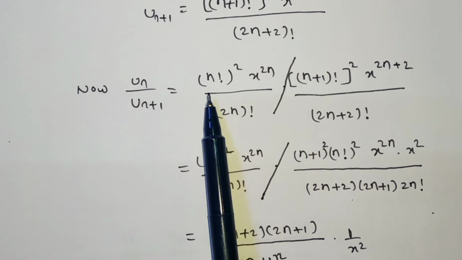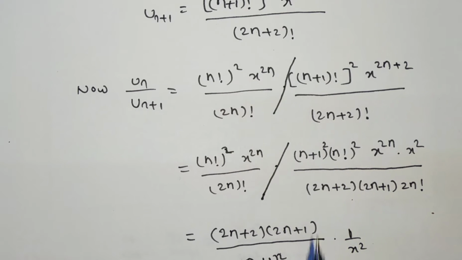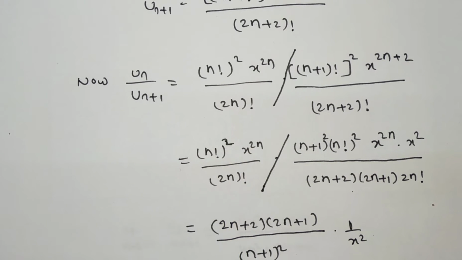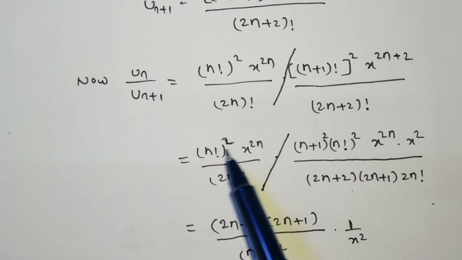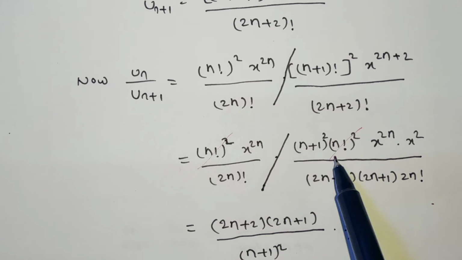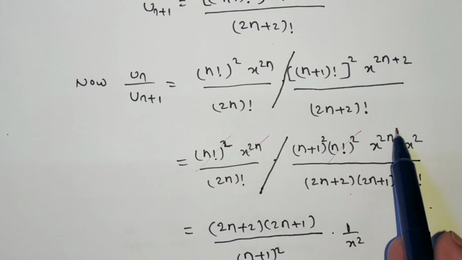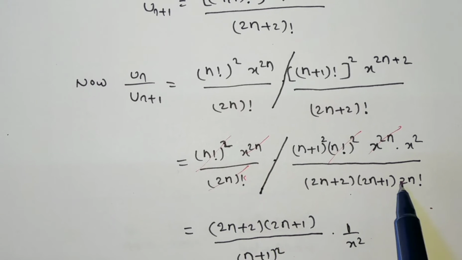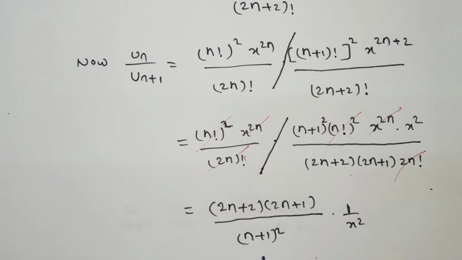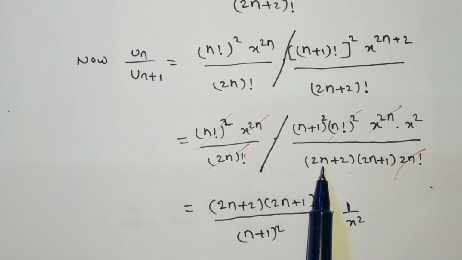You understood? Because to eliminate common terms. Now n factorial whole square cancels, x to the power of 2n cancels, 2n factorial cancels. And the remaining terms: instead of 1 by, I am writing the reciprocal, so the denominator will become the numerator.